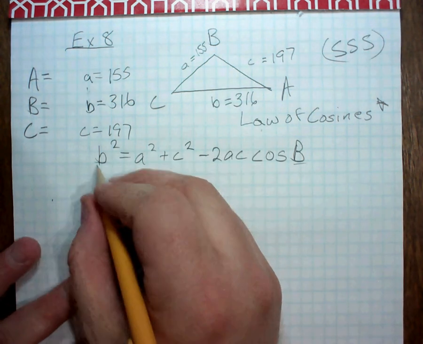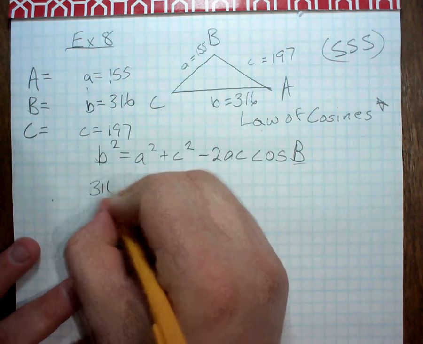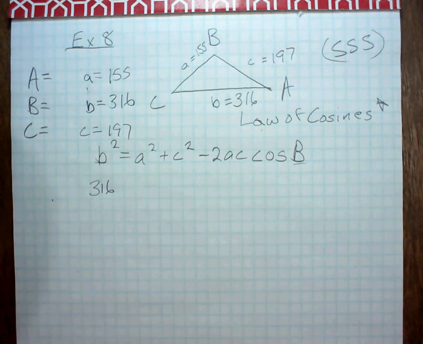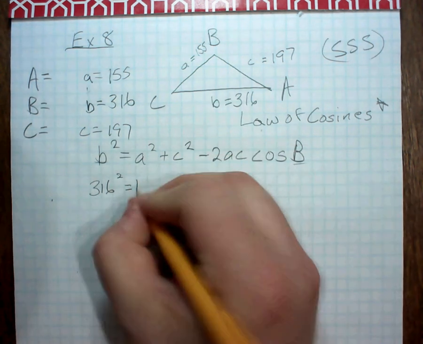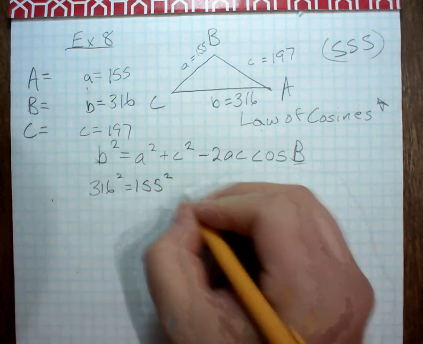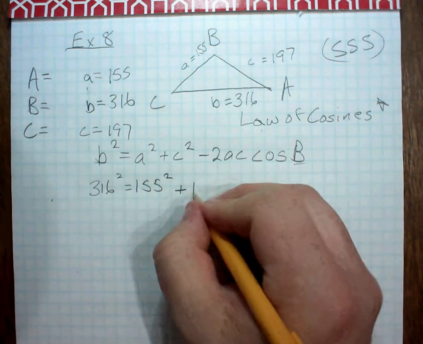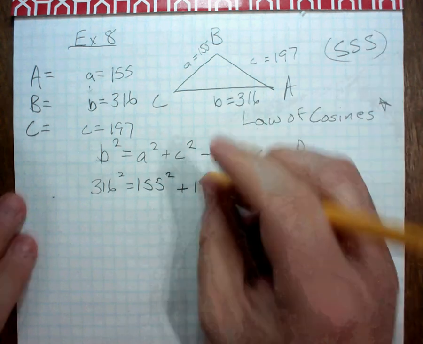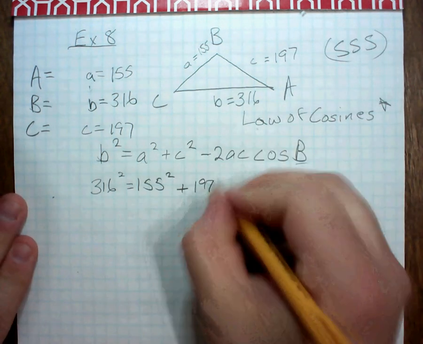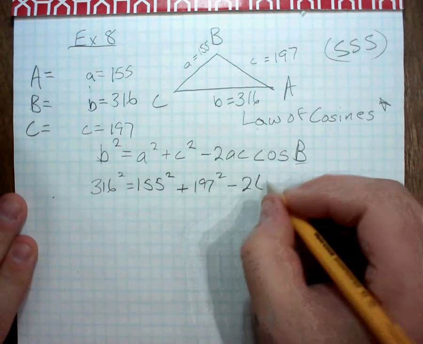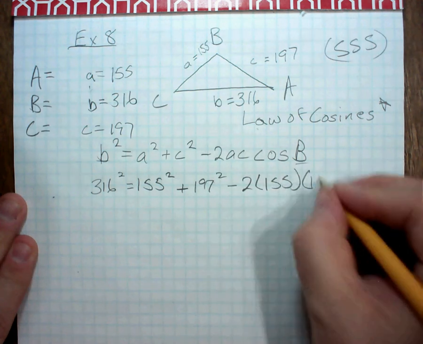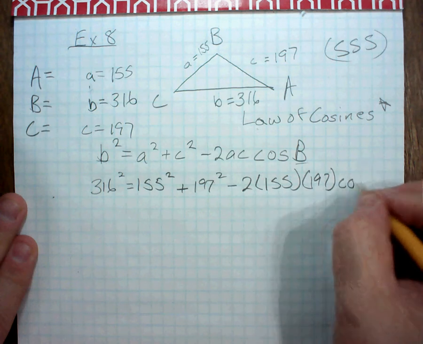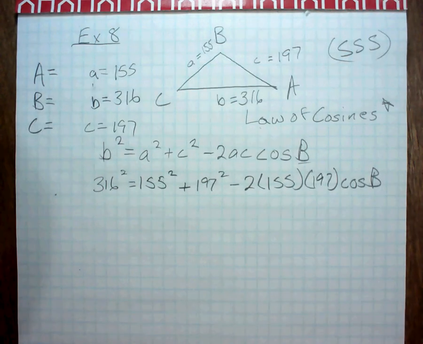So I've got 316 squared is equal to 155 squared plus 197 squared minus 2 times a, which is 155, times c, which is 197, times cosine of b. And so we're just going to leave that as that.